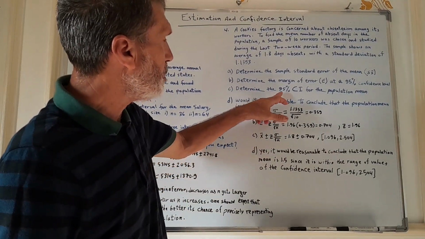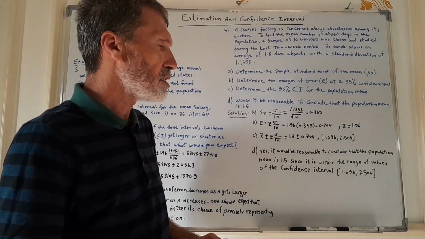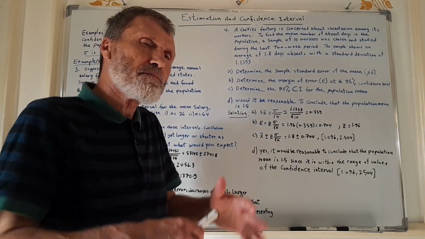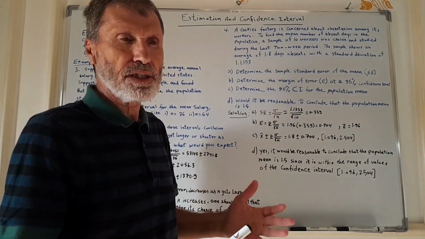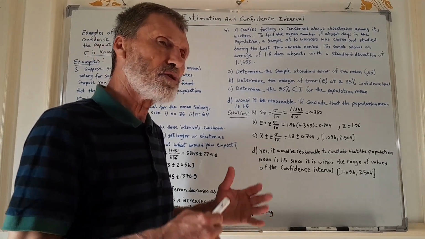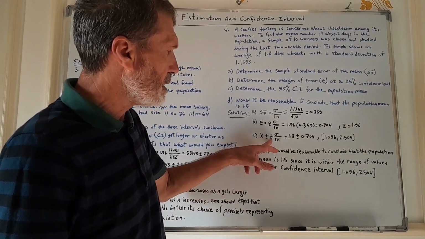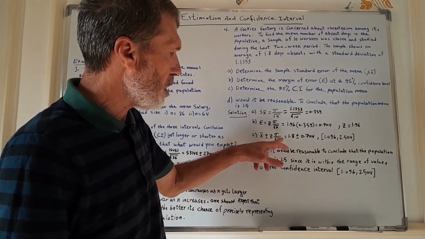C, determine the 95% confidence interval for the population mean. Of course, we have already calculated part of the formula, which is the margin of error. So all we have to do is plug into the formula, which is x bar plus or minus z times sigma over radical n.